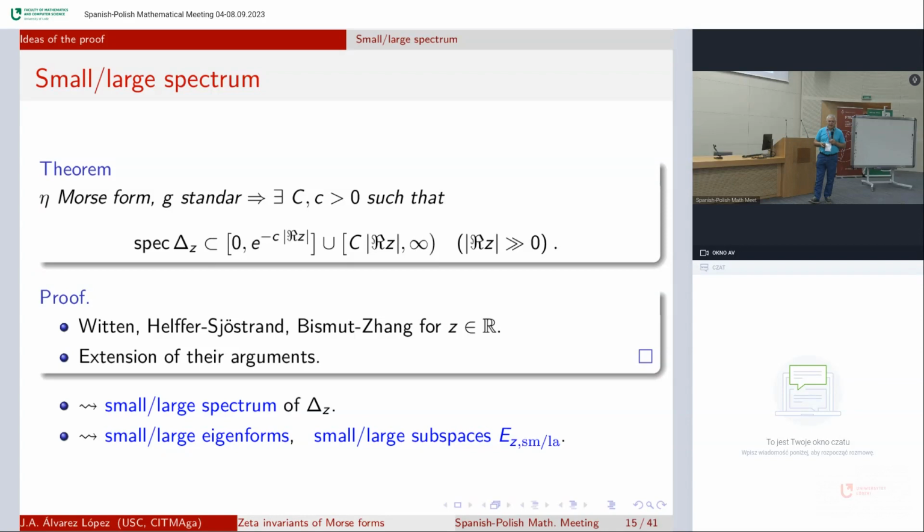This was proved by Witten, by Helffer and Sjöstrand, and by Bismut and Zhang when the parameter is real, and we just give an extension of their arguments. So we have a small spectrum and a large spectrum, which is the part contained in each of these intervals. And so we also talk of small and large eigenforms and small and large subspaces generated by the corresponding eigenforms.